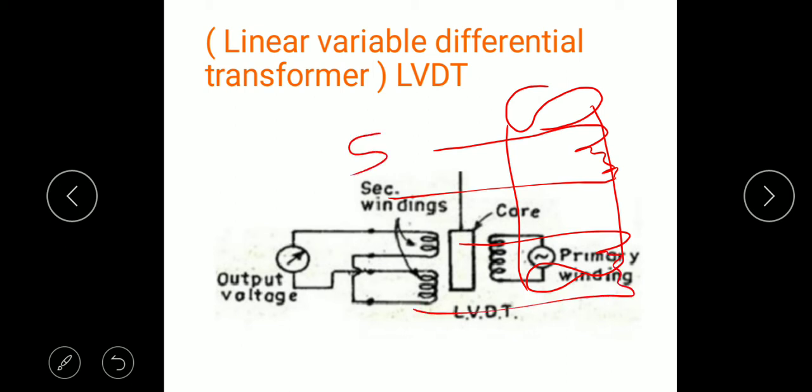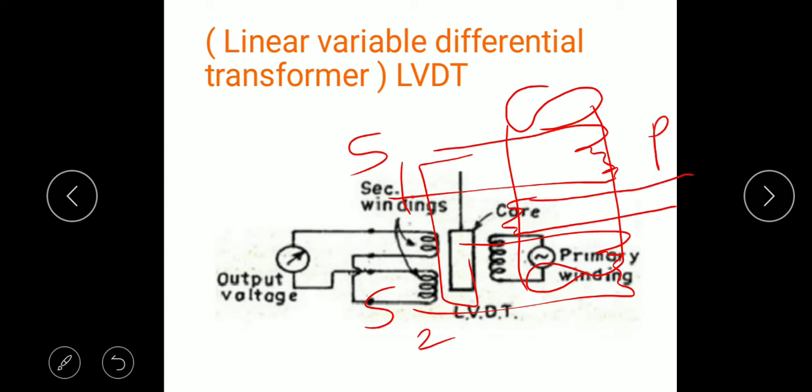So this will be the S1 and this will be the S2. So here will be the output related circuit, and primary winding will be present in between these two secondary windings. So this is the primary winding portion, that is the P1, and here will be the input current. This is the way actually the winding has done on the cylindrical portion.